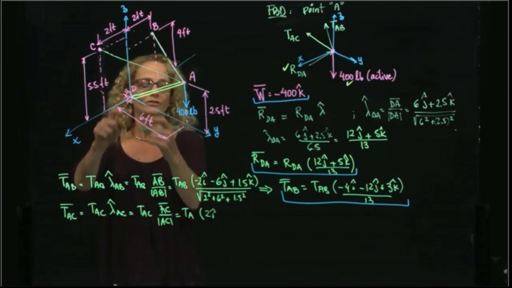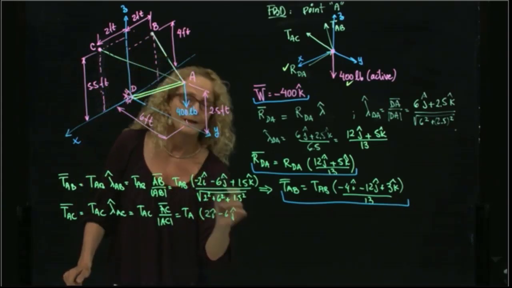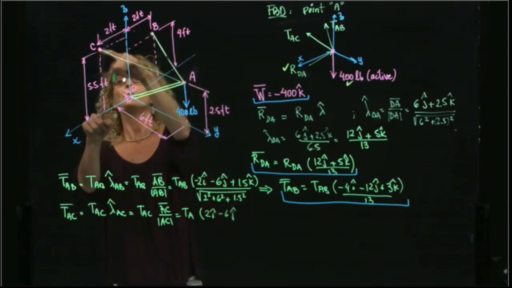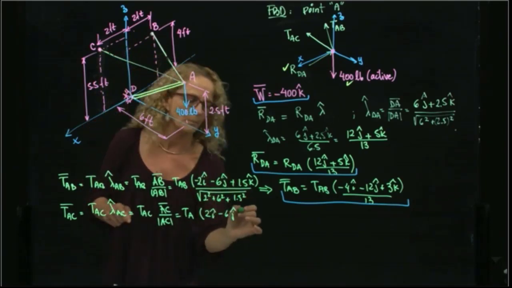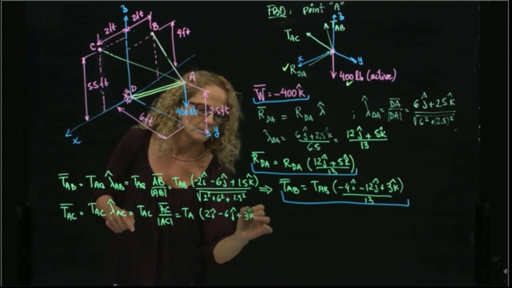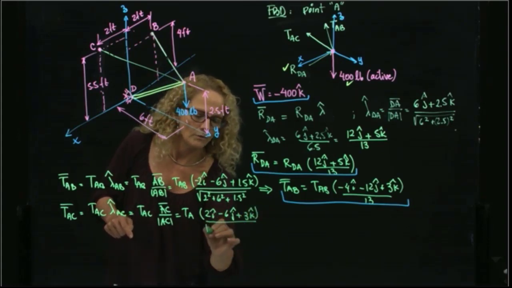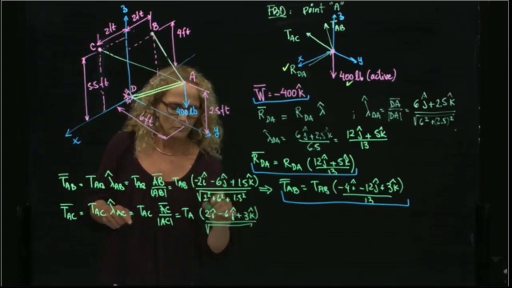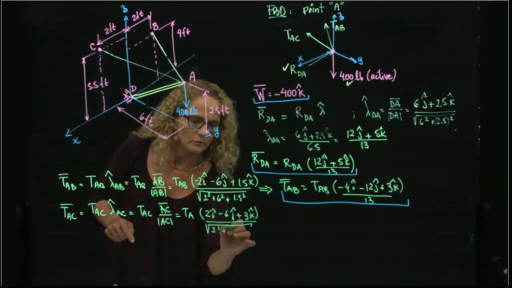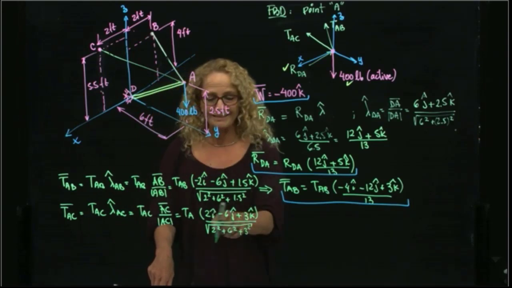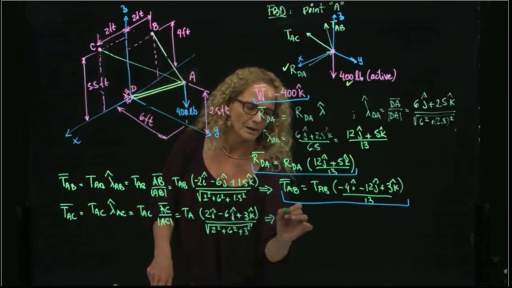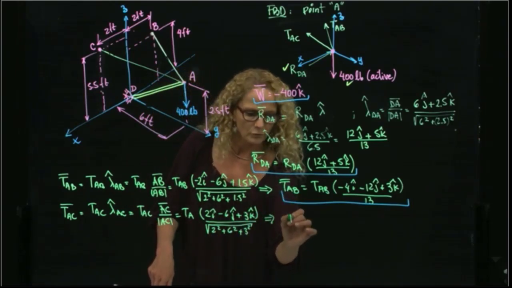I will go 6 negative in J. And in K, I go 5.5 minus 2.5, that gives me 3 positive. And this is over the square root of 2 squared plus 6 squared plus 3 squared, which gives me 7.